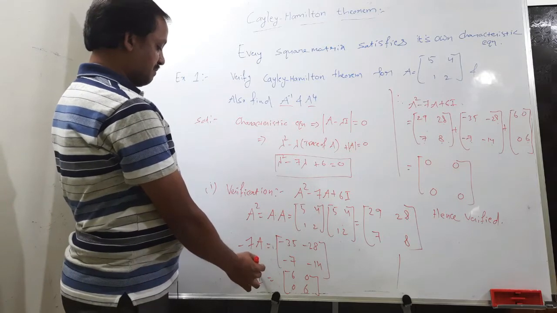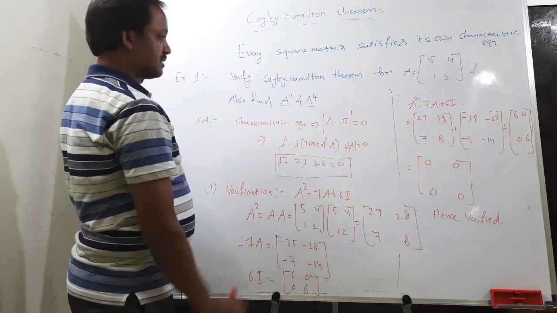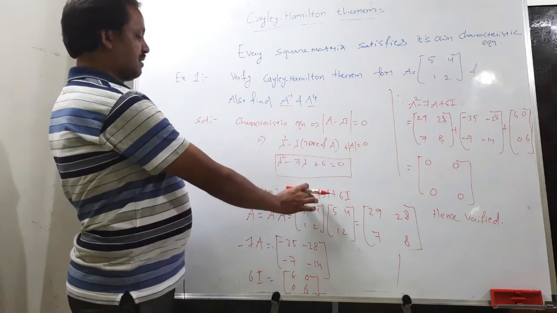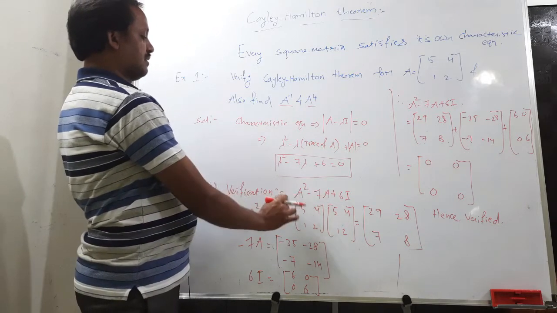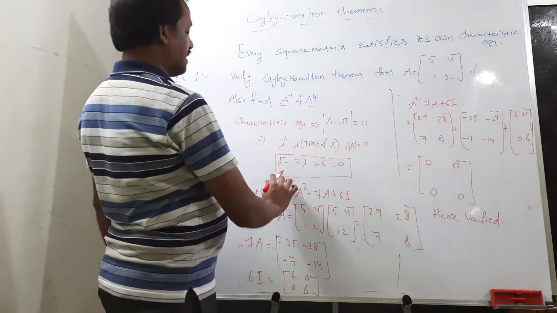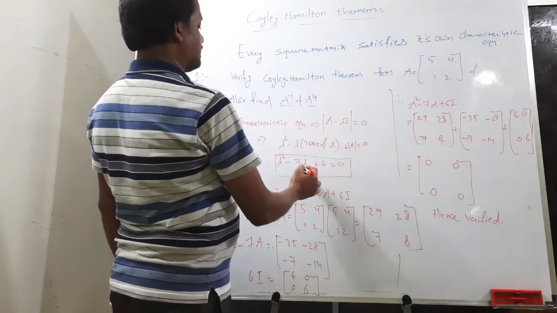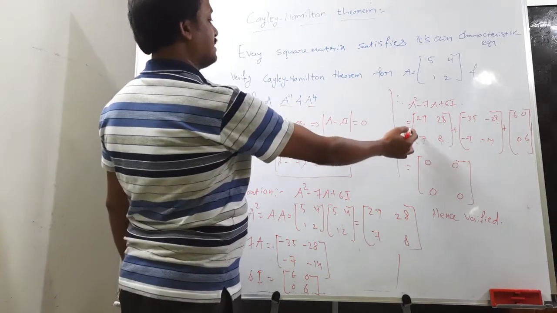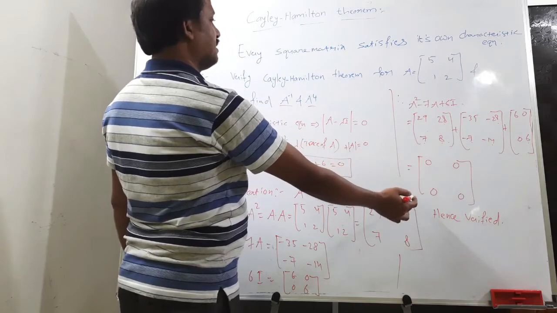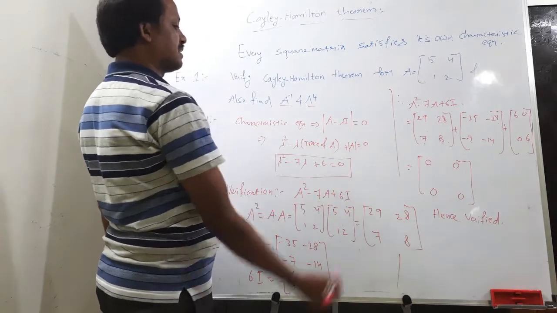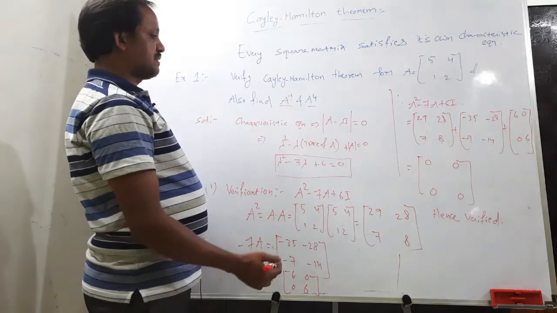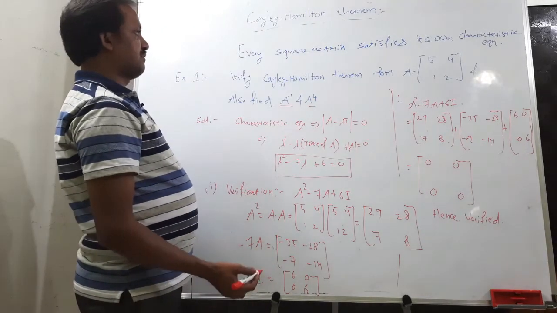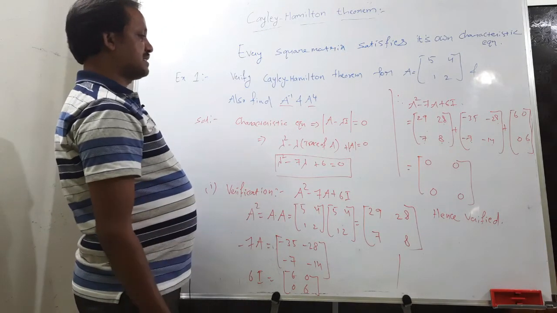So if you are multiplying with 6, it is 6 0 0 6. So you need to verify in place of lambda A: A square minus 7A plus 6I. Is it equal to 0? It means it satisfied its own characteristic equation. So this is the verification. So verification of Cayley-Hamilton theorem is completed.